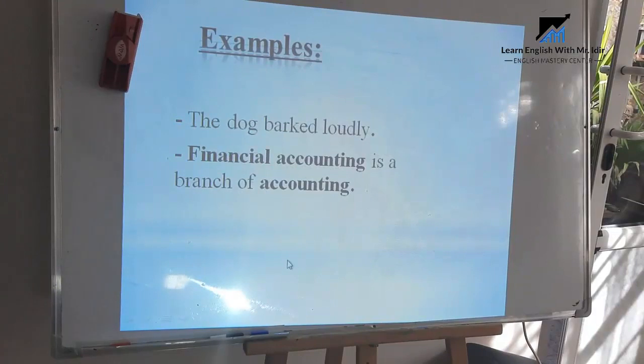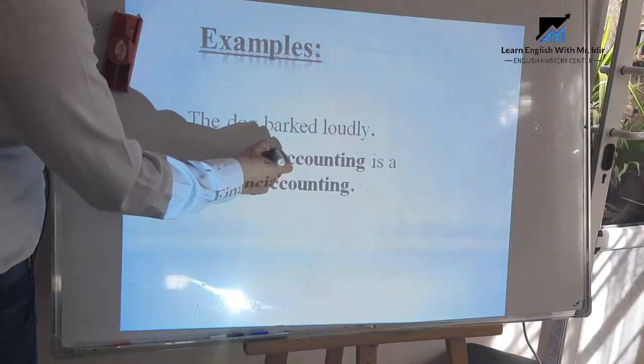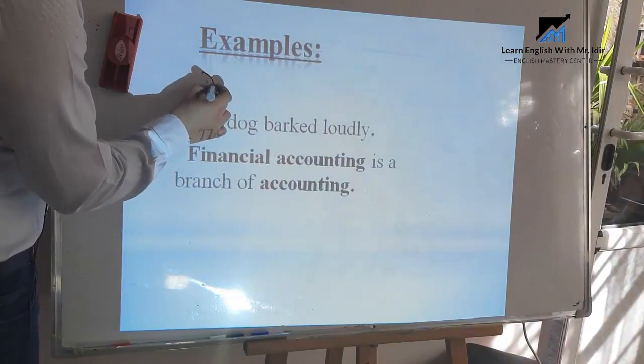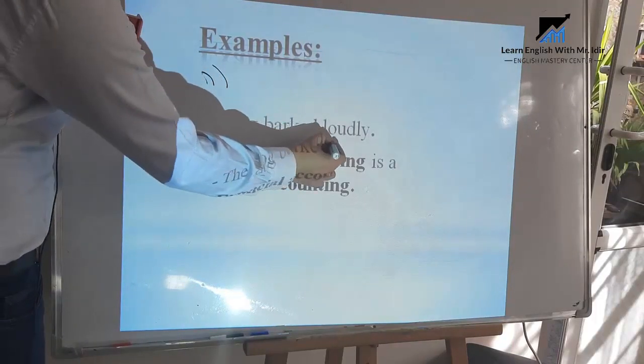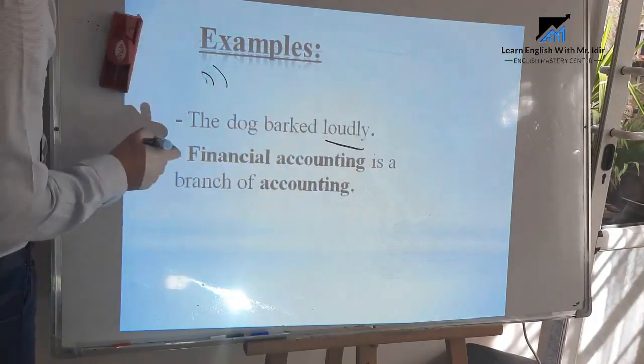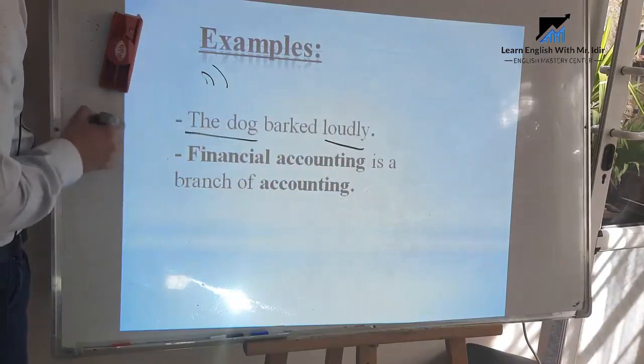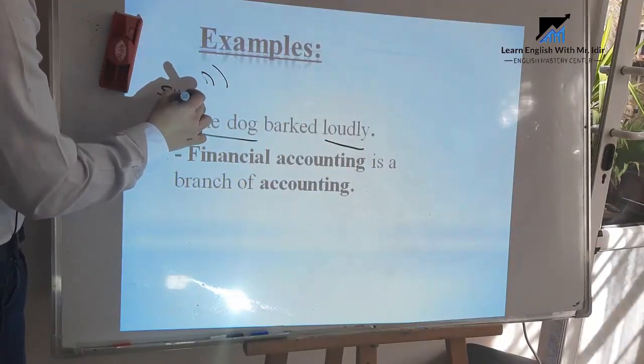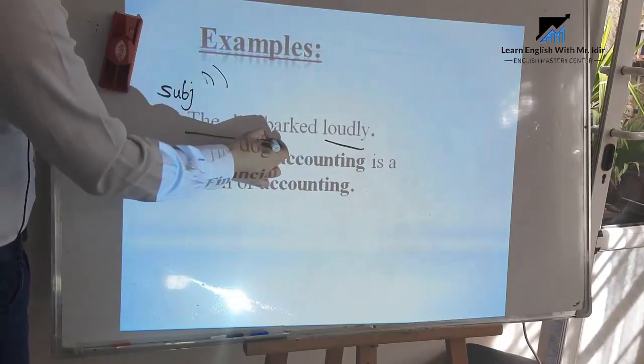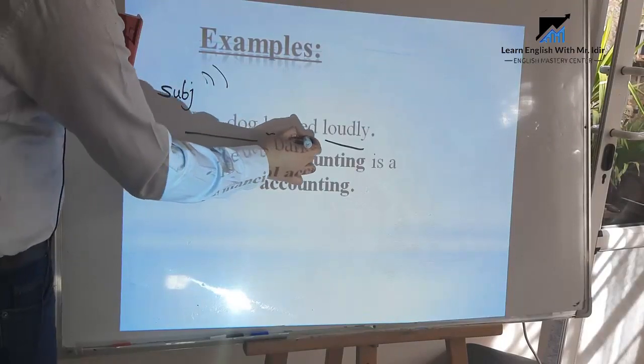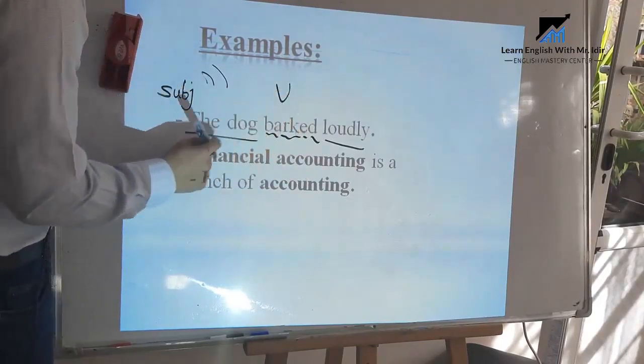So we have here some couple of examples. The dog barked loudly. Okay, so what do we have here? The dog is the subject. Barked is the verb to bark, I think.